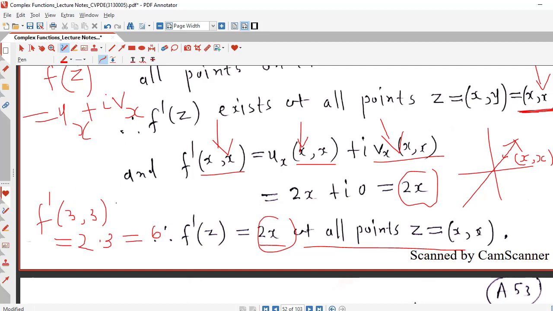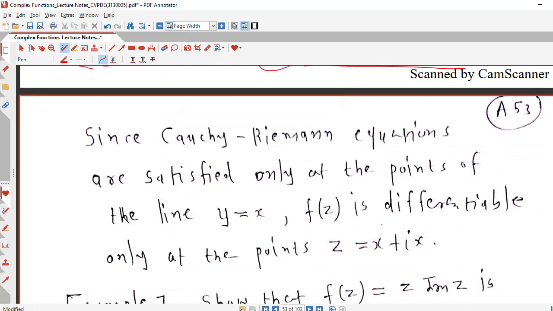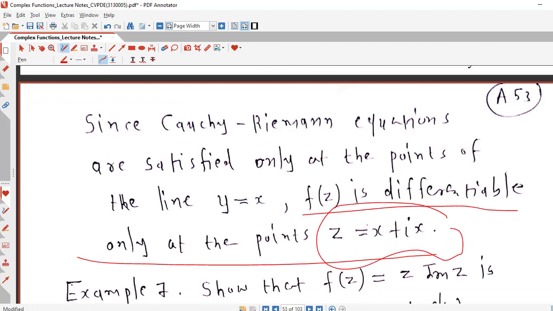So the derivative at point 3, 3 is 6, or we can say that the derivative at the complex number 3 plus 3i is nothing but 6. So we can say that the given function is differentiable only at the points z equal to ordered pair x, x or x plus ix.